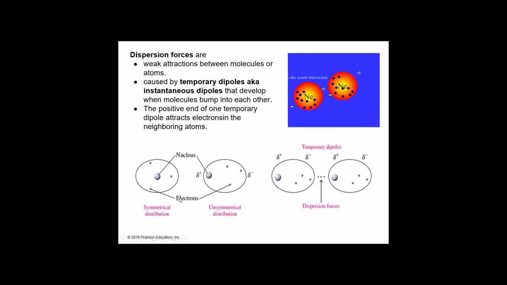If you look at a symmetrical distribution, you can see that these electrons are all spread out evenly. But when it's unsymmetrical, here's the nucleus, and here are the electrons. So it's partially negative here and partially positive, and that causes another atom or molecule to come in due to the partial positive and partial negative ends.